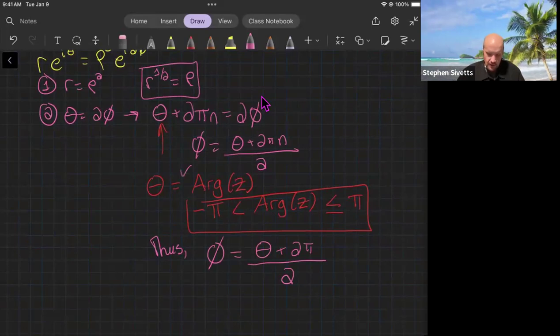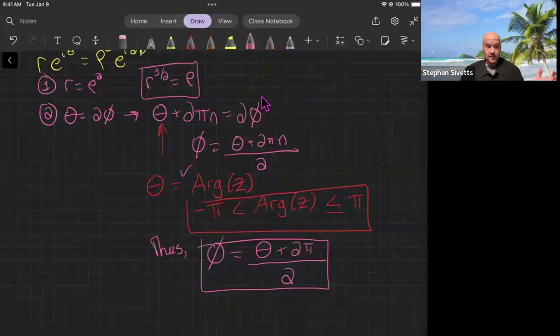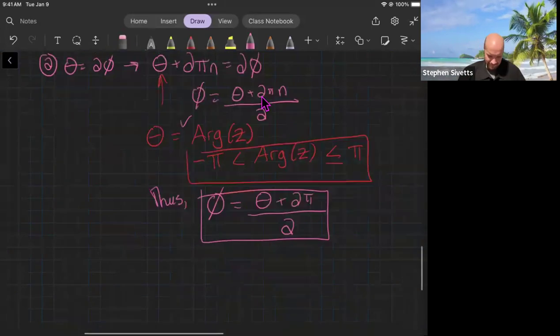This is the theta we would use to figure out the image of a set for the square root of z. Okay, so let's look at an example.